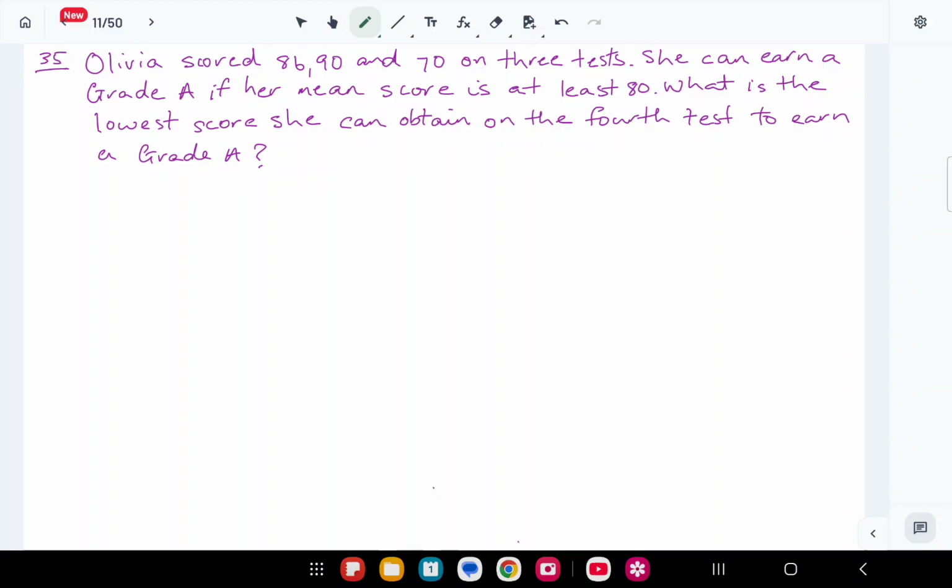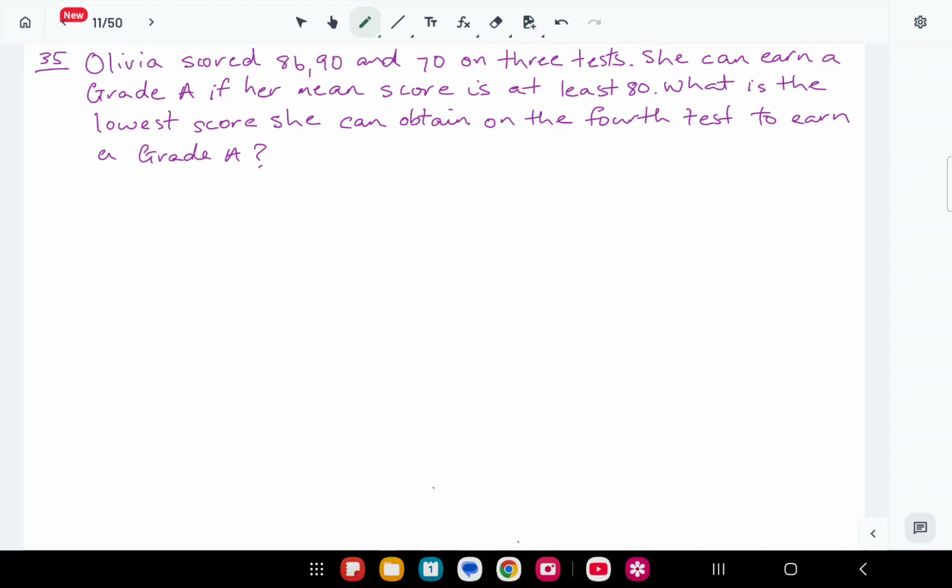Number 35. Olivia scored 86, 90, and 70 in 3 tests. She can earn a grade A if her mean score is at least 80. What is the lowest score she can obtain on the 4th test to earn a grade A? So good.